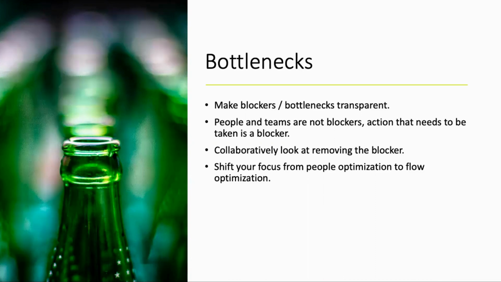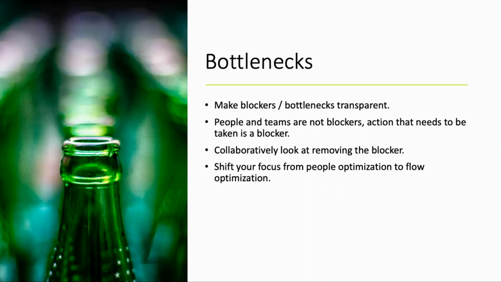So look at it from this particular point of view: we do not have an architect reviewing it, so what are the alternate options to move the work from this queue? If you look at the blocker from the actions point of view, you will be able to resolve blockers more quickly rather than waiting on people to come and resolve the blocker. So people and teams are not the blocker. It is the action that needs to be taken that is the blocker.